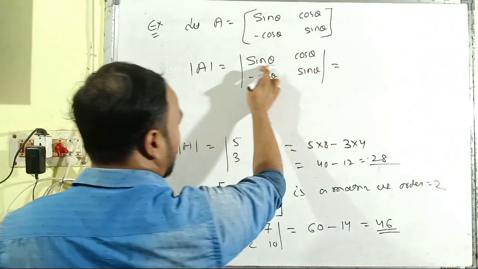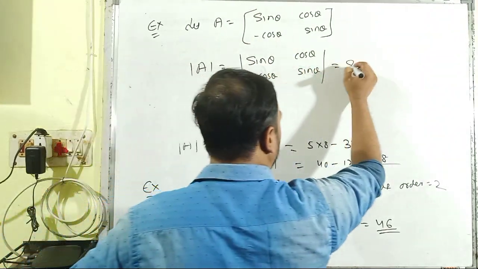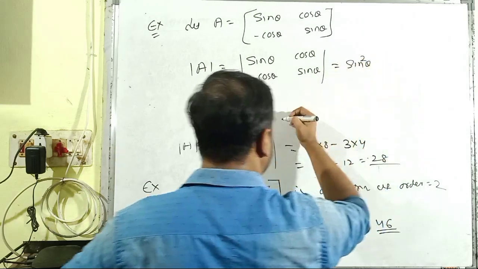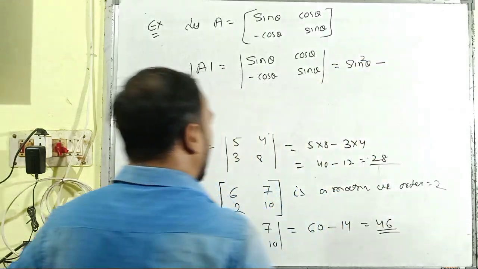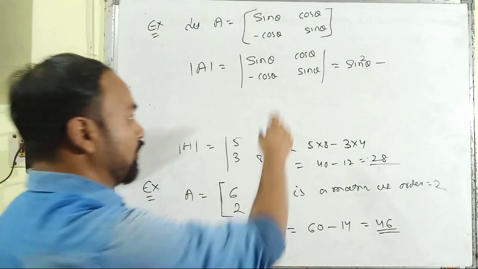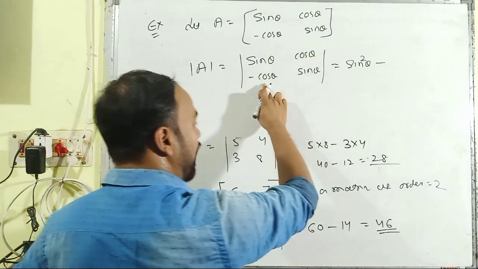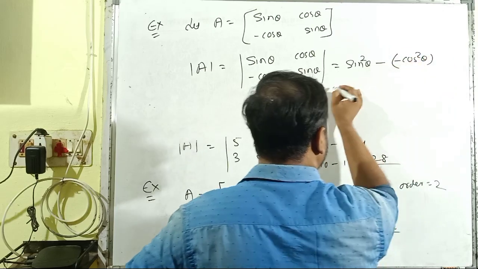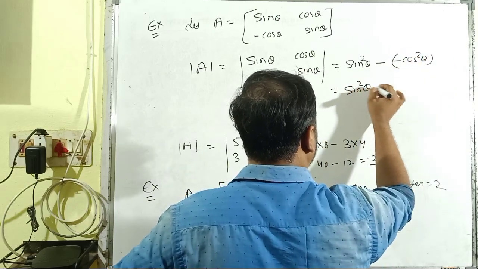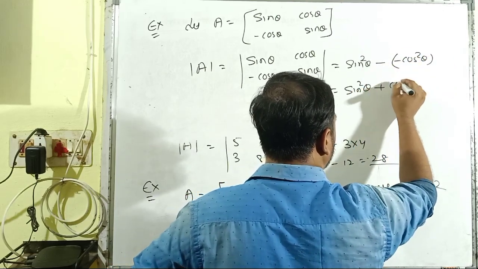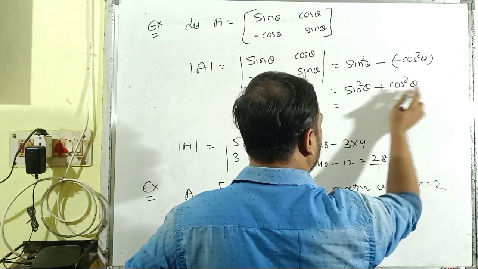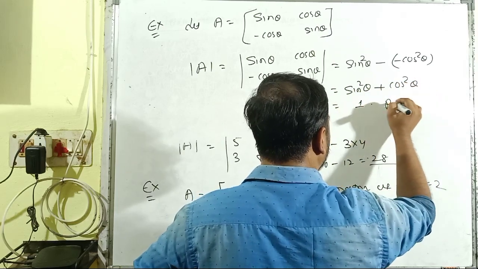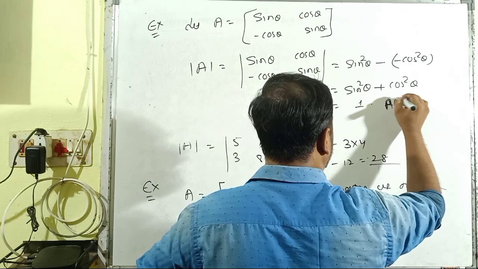First of all, the multiplication of the main diagonal elements, sin theta into sin theta, that is sin square theta, minus the multiplication of the off diagonal elements, cos theta into minus cos theta, that means minus cos square theta. Then simplifying, sin square theta, minus into minus is plus, cos square theta. Sin square theta plus cos square theta is 1, and here is your answer.